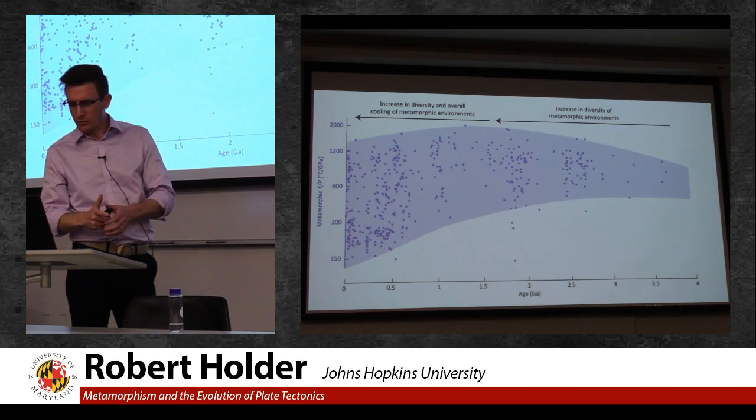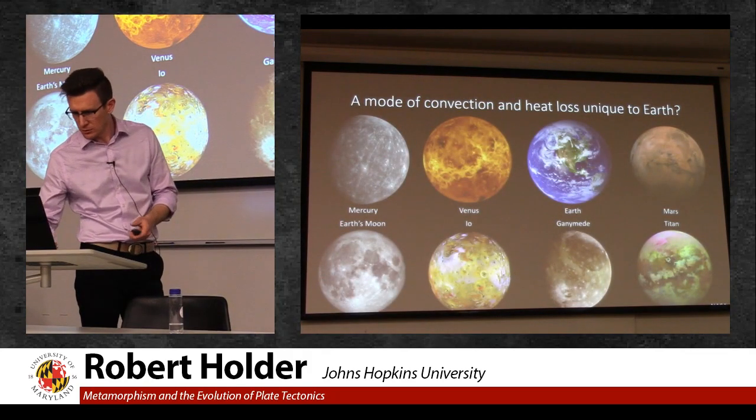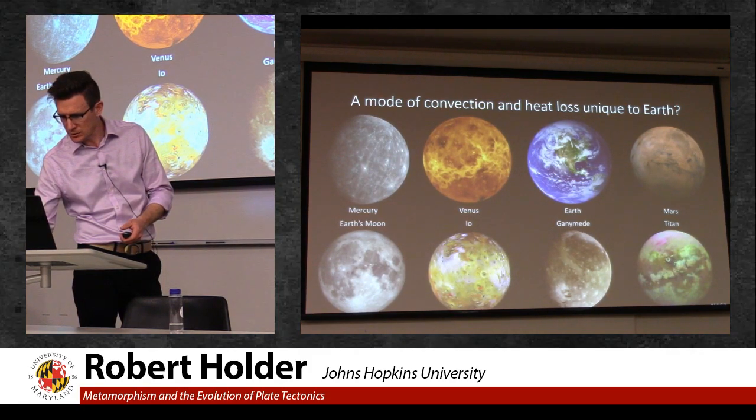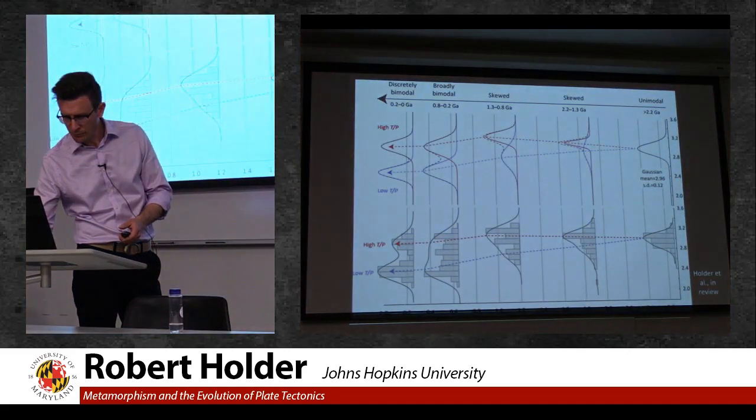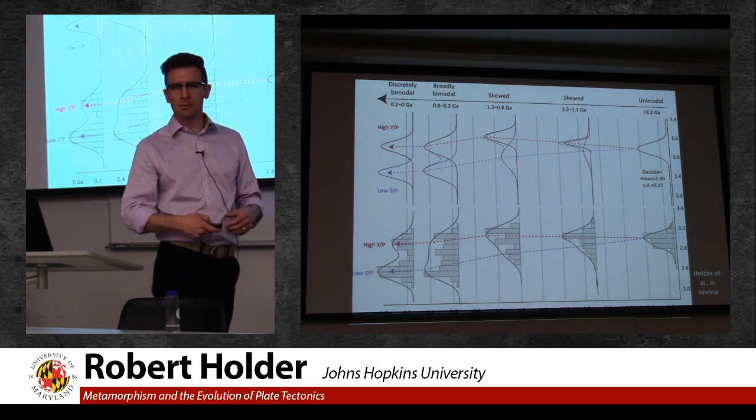I think one advantage to thinking about this in terms of the full distributions of metamorphic rocks is, and maybe I'm wrong here, that we could potentially see through some of that preservation bias.